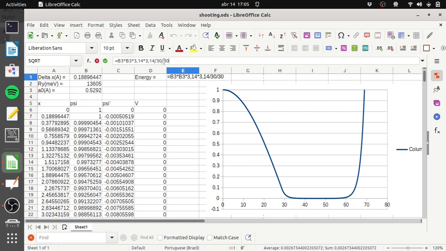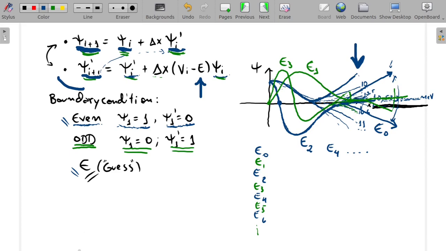Actually, if you want to convert the solution to some constants that are easier to understand, maybe you could say that E is actually h bar squared, then n pi over L, over 2 times the effective mass.